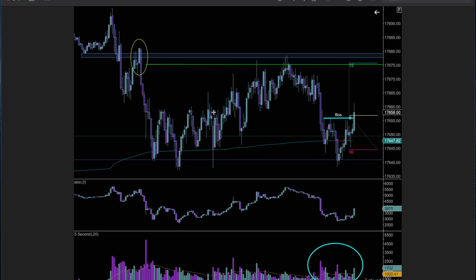But we were already clued into the fact that the buyers were here. They were accumulating positions. And when I saw how the volume increased as we started to hit back into this zone, that sort of put up the flag for me to be on the lookout for long trades. That's exactly what we did, and we executed. And of course, you saw the result in the recording.